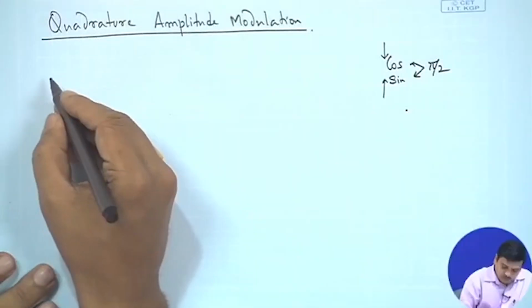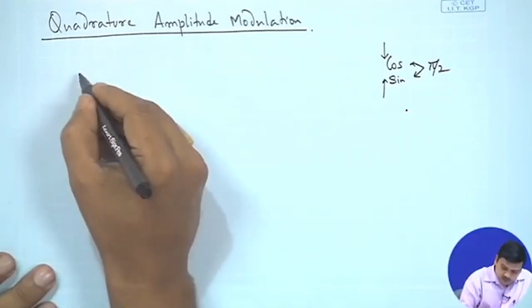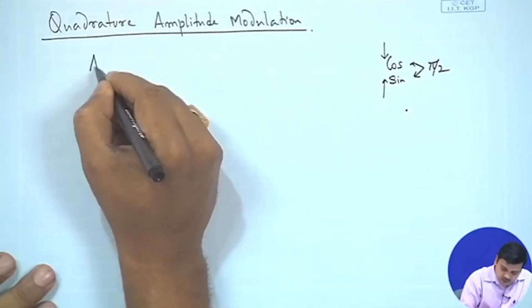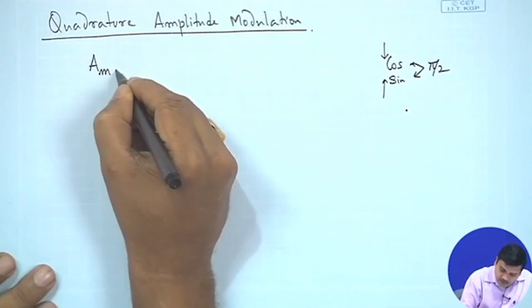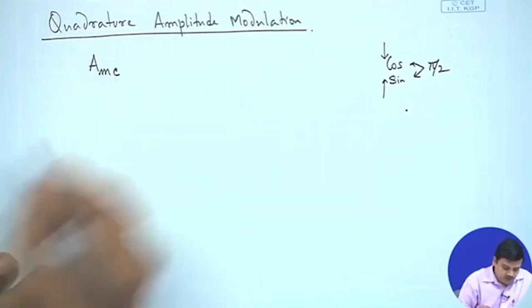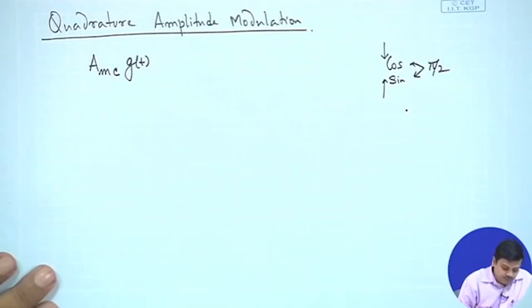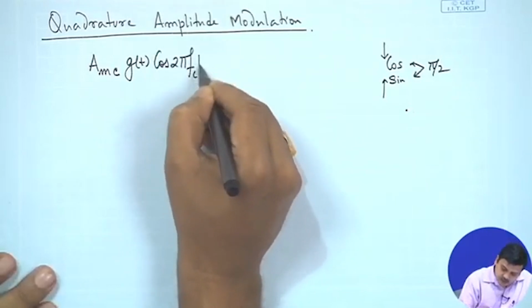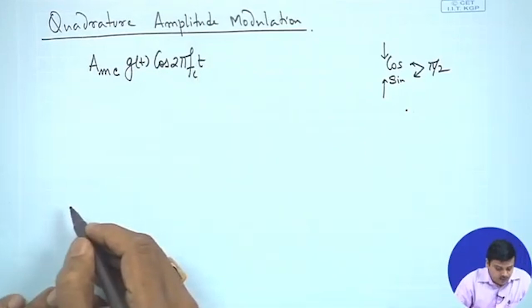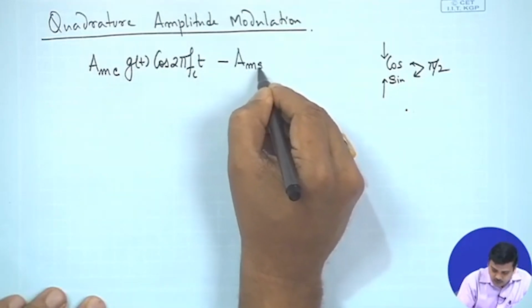So, we could write the signal representation in various forms, and one of the forms, where we change the order of writing, would be the amplitude modulation of the cosine or the in phase component times the pulse shape and the carrier, as well as the amplitude of the sine component.